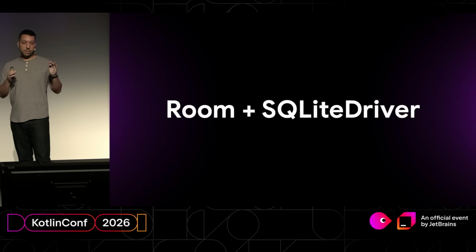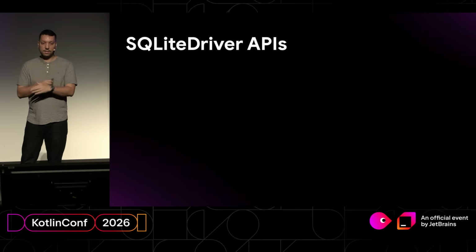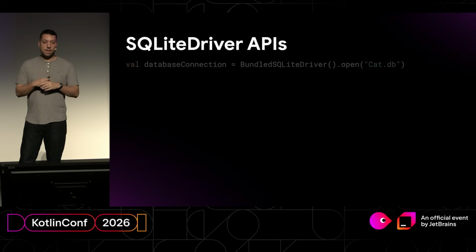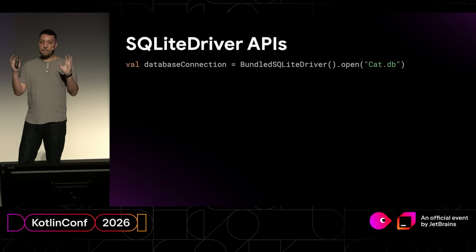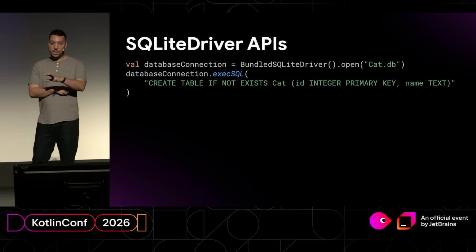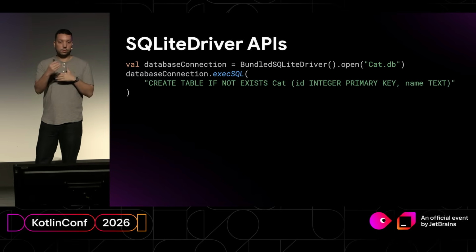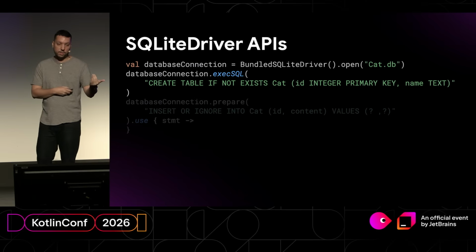And so I'll try to explain exactly what I mean by that. But before we go in there, let's take a look at that lower layer. Room uses the SQLite driver APIs, and that's what empowers Room. And I'll show you a little bit of code of what these APIs look like, so you get a sense of what it is. In essence, they mimic the C SQLite API, and the way you use this is you create a driver, you open a database that gives you a connection. The connection is what you use to start to operate on the database. You can execute a statement, like create a table here.